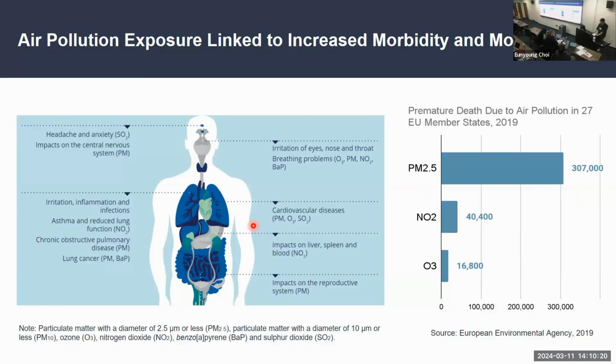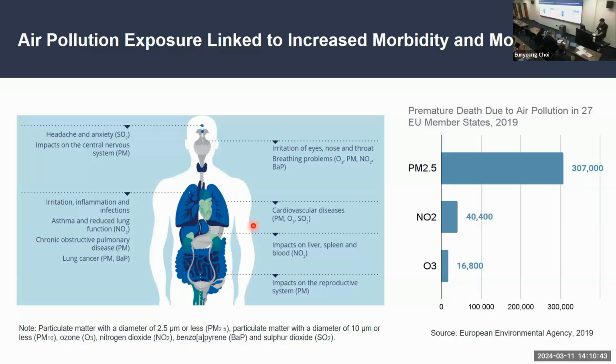As the diagram shows, they can impact the central nervous system, induce irritation, inflammation, and infection to the pulmonary system, and potentially lead to COPD and lung cancer. They can cause irritation of the eyes, nose, and throat. They are also linked to cardiovascular diseases and have a negative impact on reproductive systems.